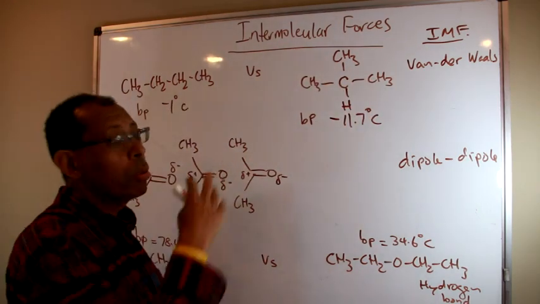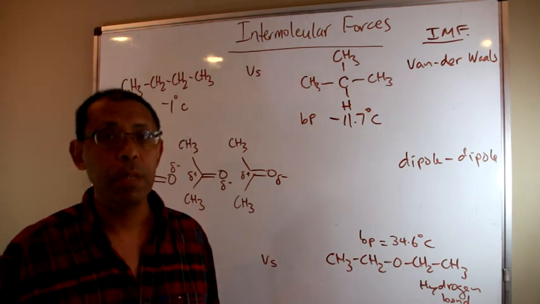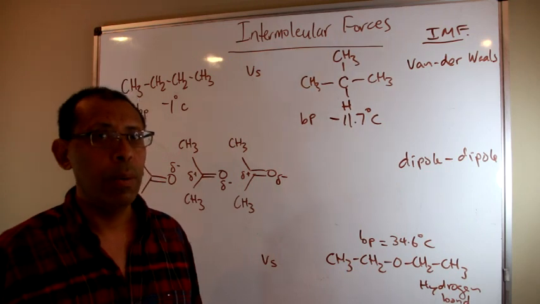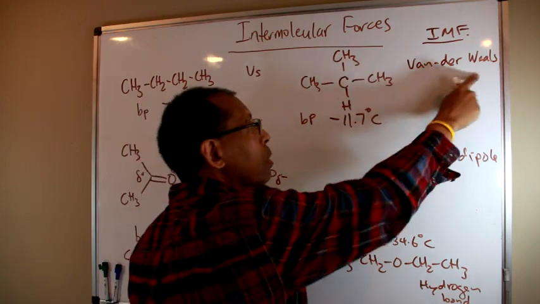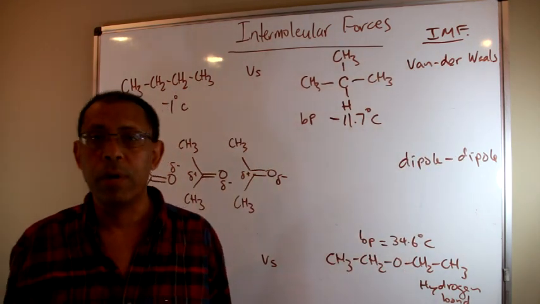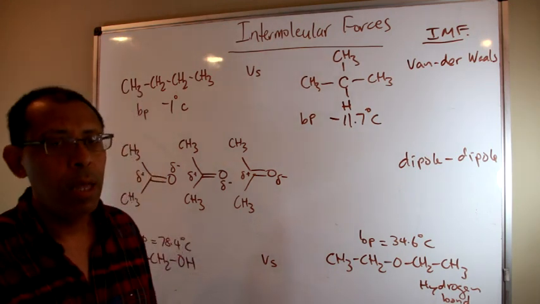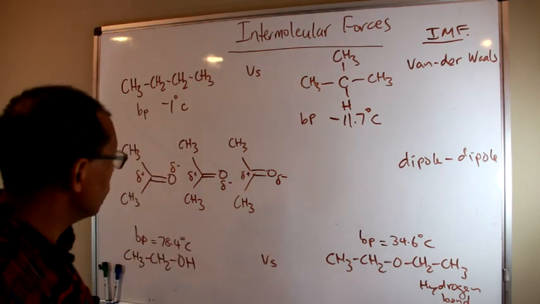Most of the intermolecular force present in unfunctionalized compounds, those which are just alkanes, is van der Waals force. Remember this, for all alkanes, as we have already discussed, the most important intermolecular force is van der Waals force.